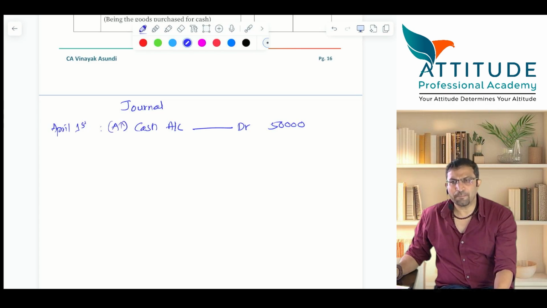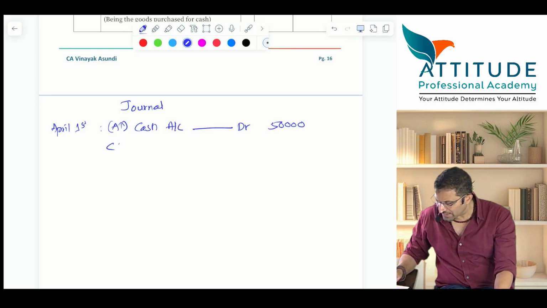Who brings in the money? The owner. So when owner puts in the money, it is his capital. So here capital also increases. If capital increases, it has to be credited. So to Ram's capital, credit 50,000.